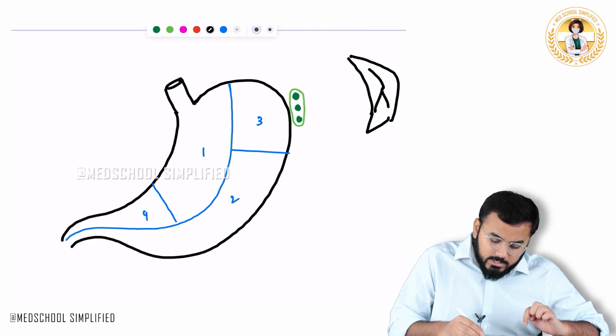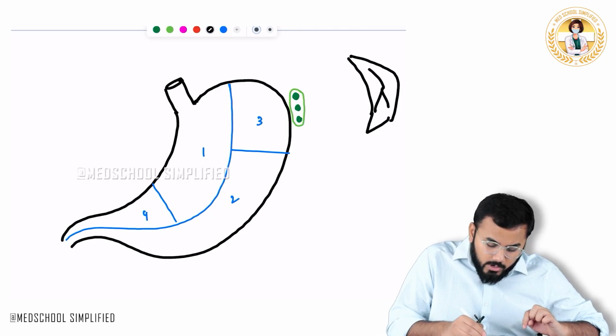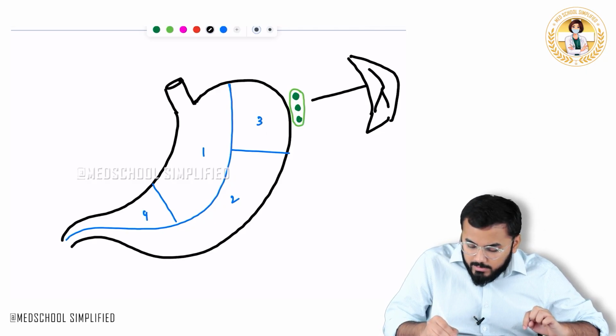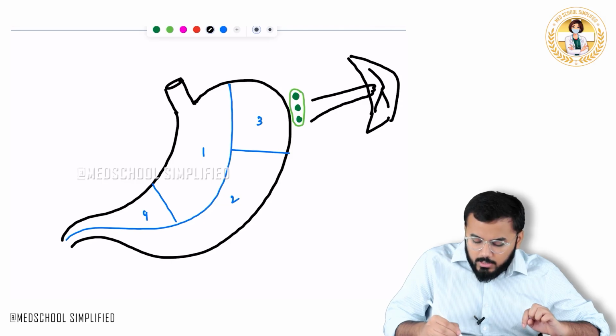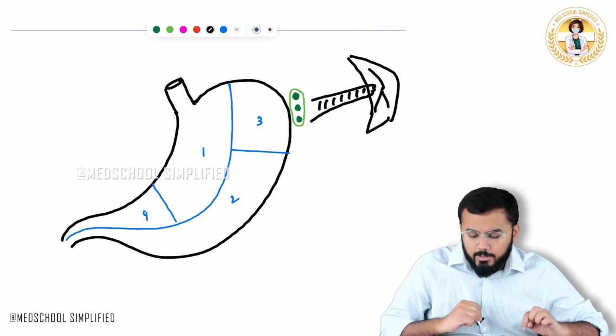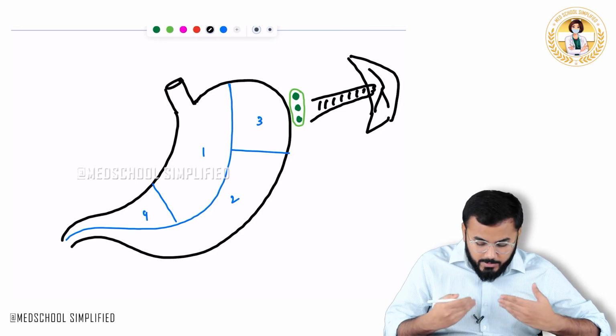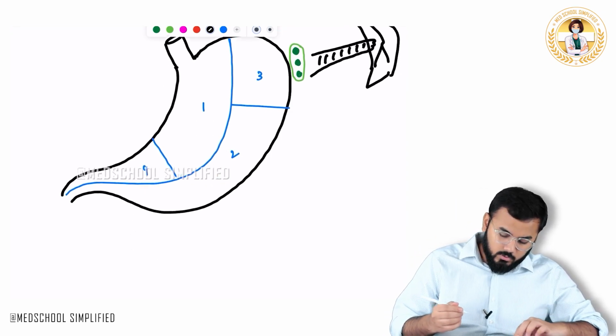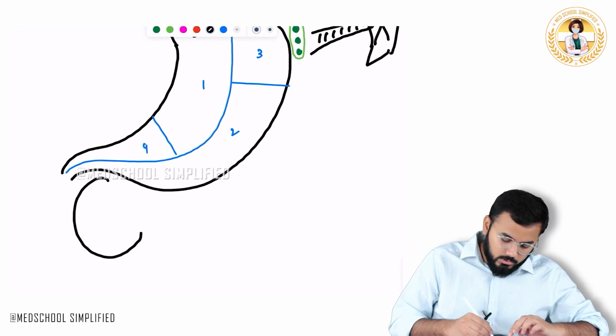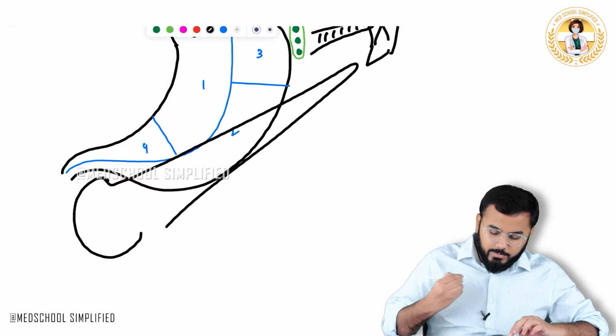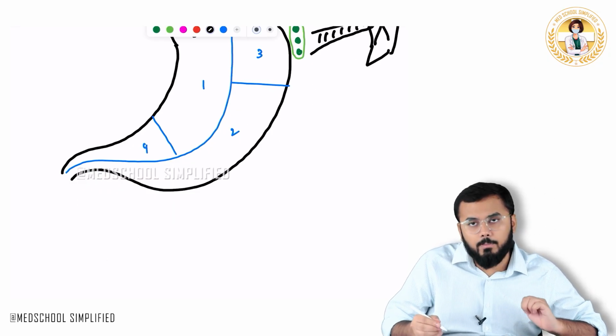the next important thing is that just behind the stomach you have another organ that comes out all the way like this. What is this? I have talked about these things many times before. What is this which is behind the surface of the stomach? Exactly speaking, this is how the picture goes. This structure is called your pancreas.